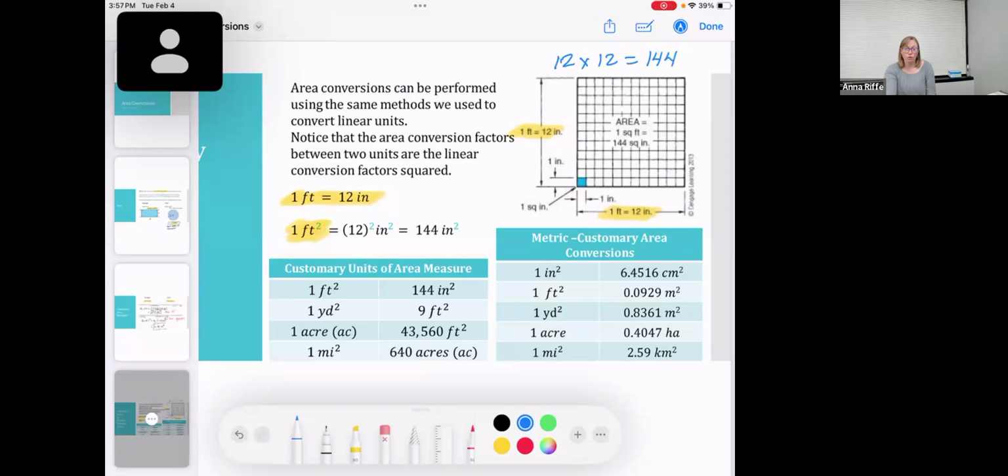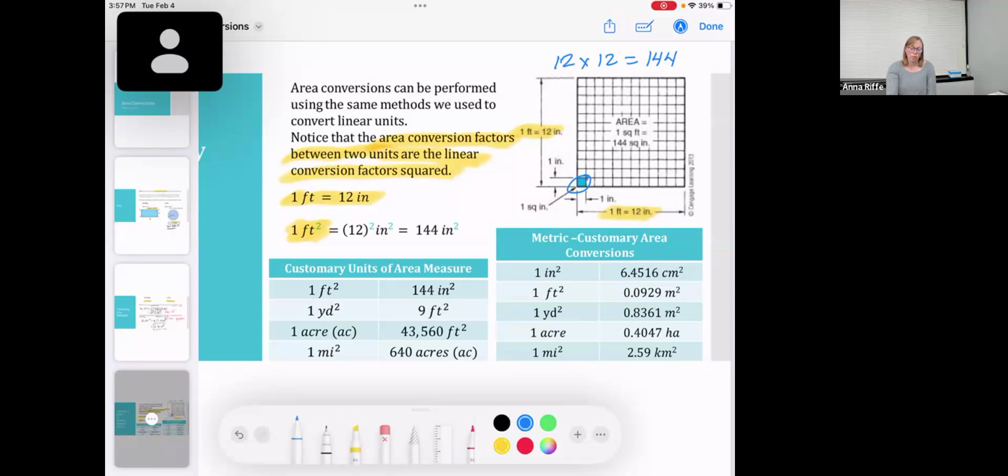So there are 144 small square inch little areas that will cover this bigger 1 foot square area. And we can think of that in general by saying that area conversion factors between 2 units are the linear conversion factors squared.